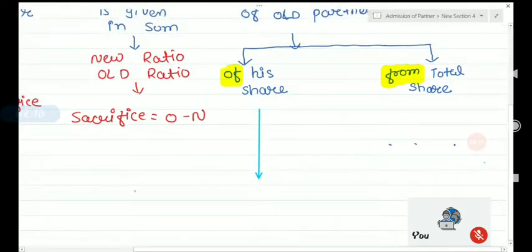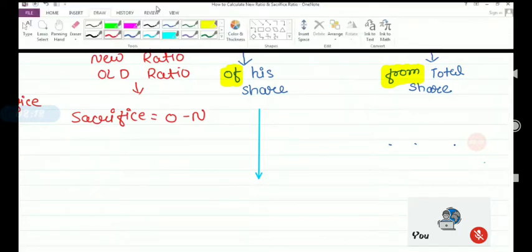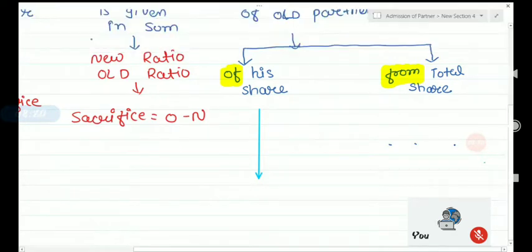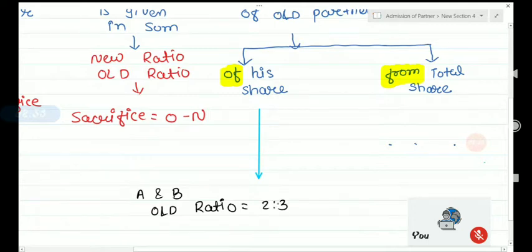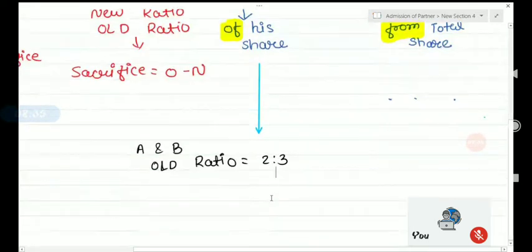Let's say, for example, there are two partners, A and B, having old ratio 2:3. Now they are admitting C. What is the share of C?